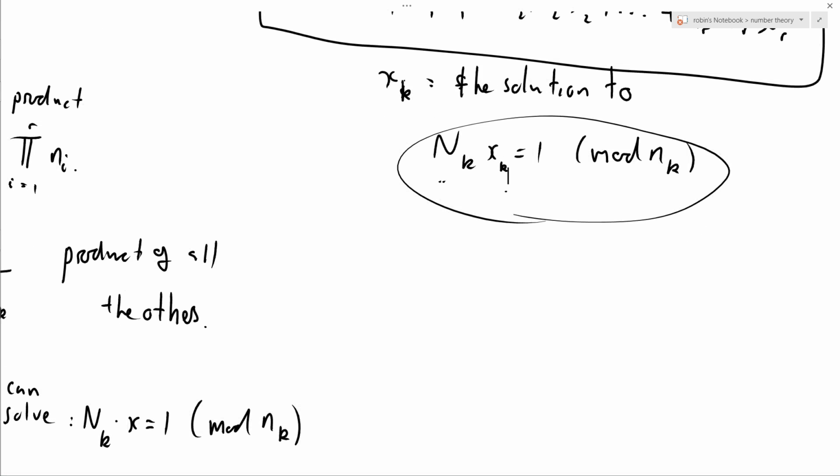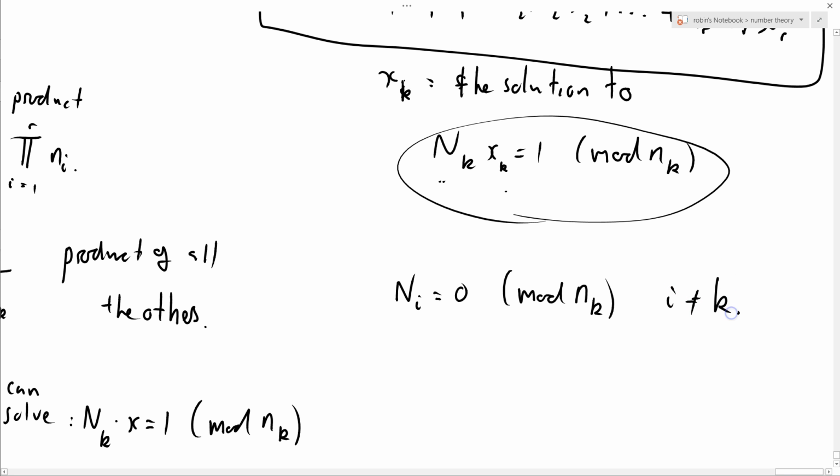Okay, so I just make the observation that Ni equals 0 modulo nk for i not equal to k. Why is that?